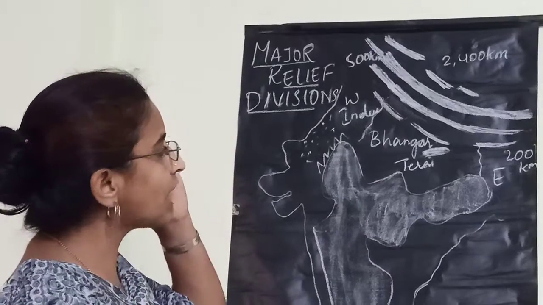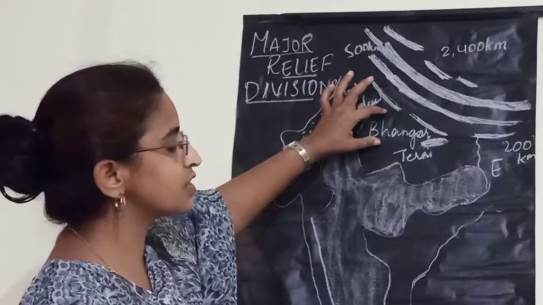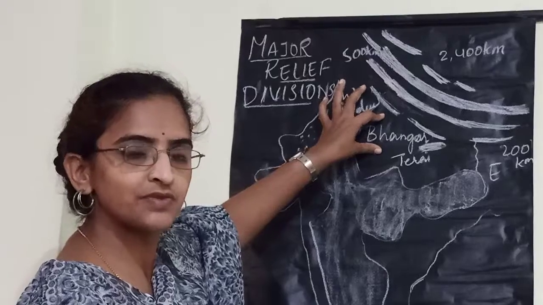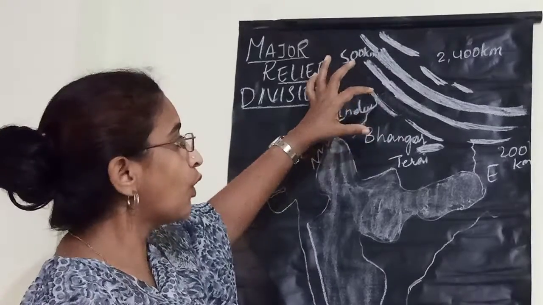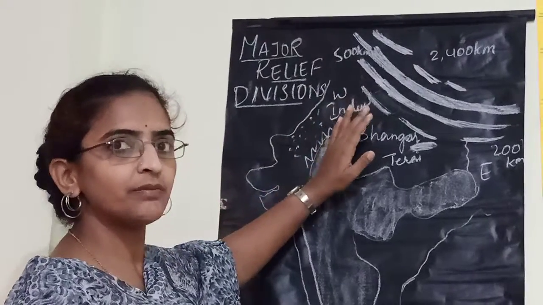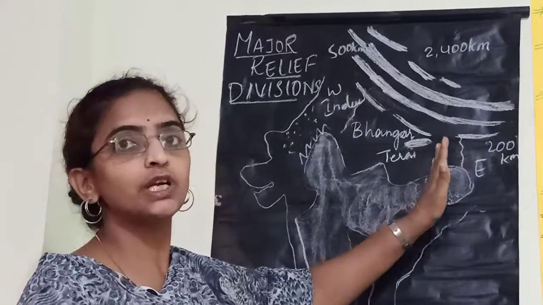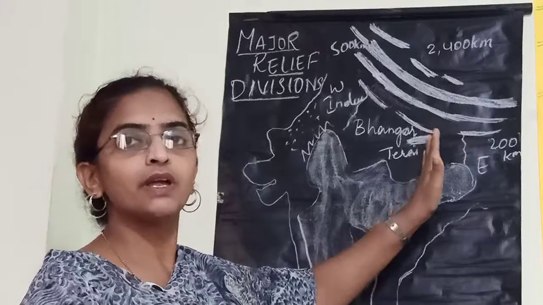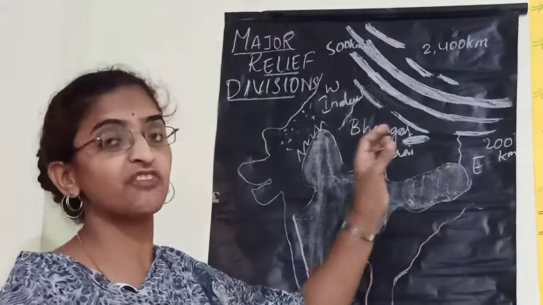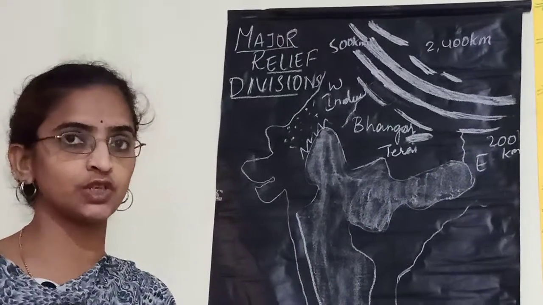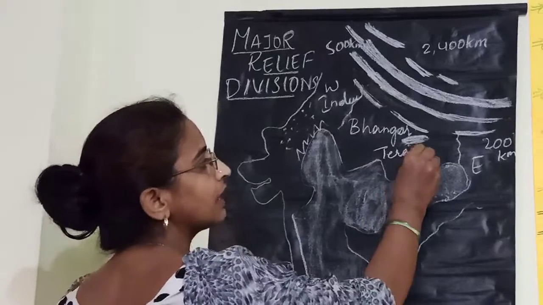Now as you see, the alluvial deposits in pebble-like structure deposited at the foot of Himalayas are called Bhangar, and the alluvial deposits extend further towards the eastern side, and the alluvial deposits found in Bihar and West Bengal are very fine in structure, and they are called Khadar.